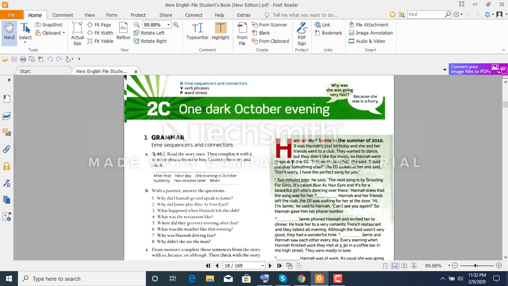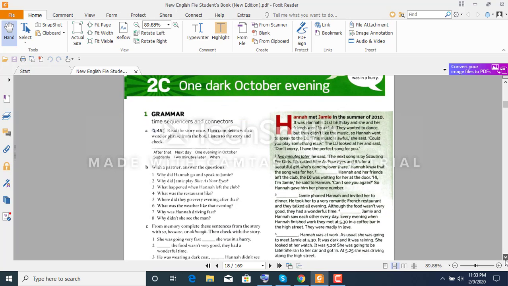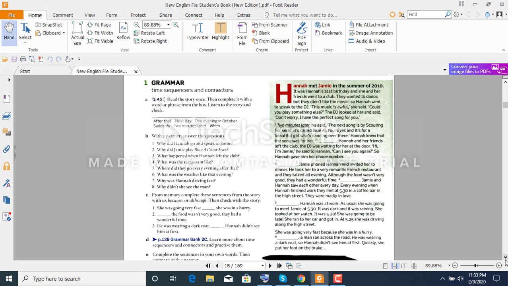Alright, so we have here the story of one dark October evening. So you're going to complete the story with the time sequencers, the ones we mentioned. So number one is 2 minutes later. How about number two? So read it first and then put your answers.